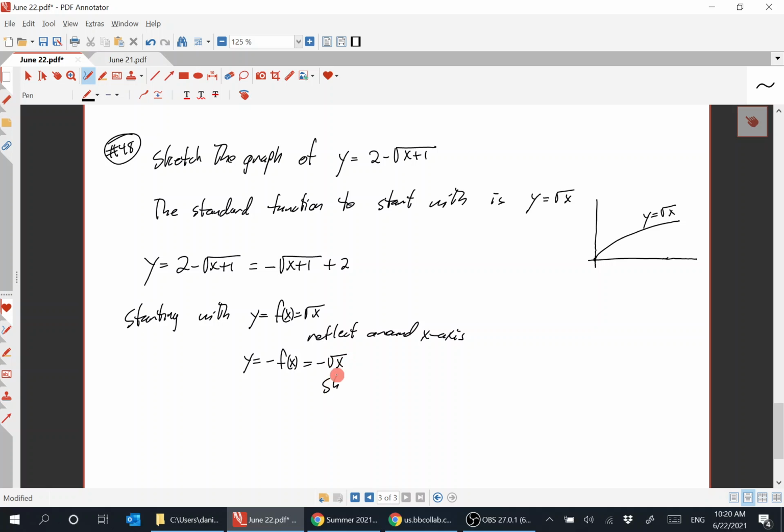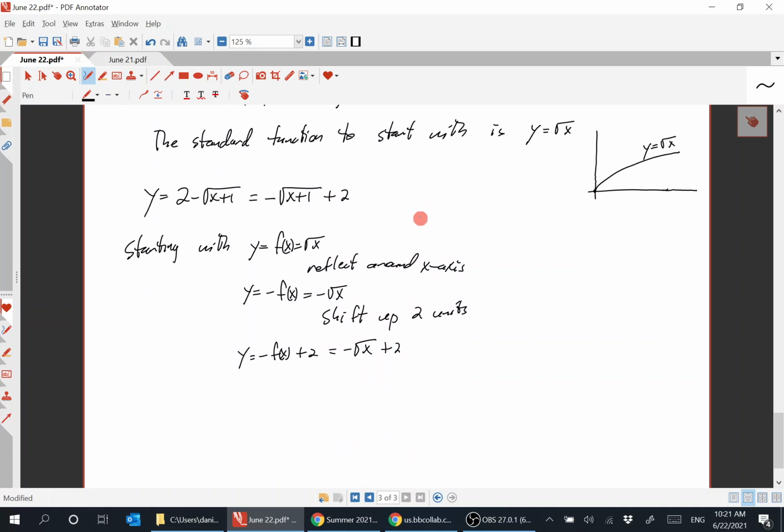And now I'm going to shift up 2 units. So this is y equals minus f of x plus 2. So that's minus square root x plus 2. And then shift left 1 unit.